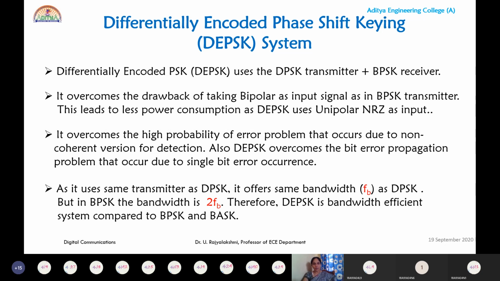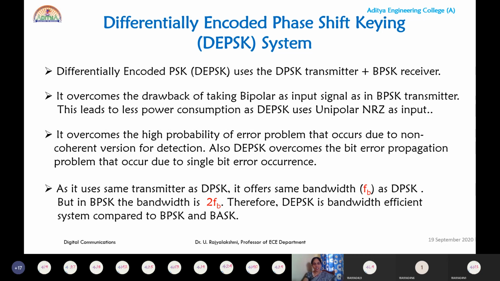If you are able to compare like that, then automatically you are doing 2-bit transmission simultaneously. That is the main advantage of the DPSK transmitter section, whereby the bandwidth required for transmitting the DPSK signal is less.